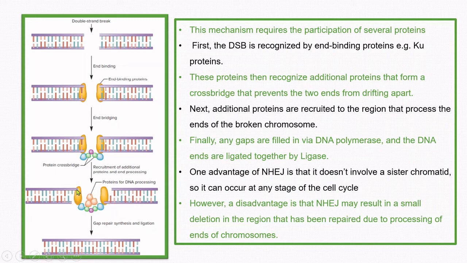So these proteins simply stitch back DNA molecules if they break or if the breaks are in the two strands. However, there is one disadvantage: sometimes there is deletion in this region.